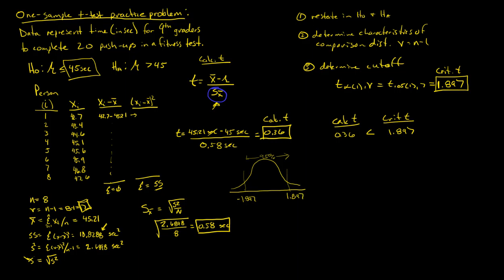If the middle here is 0, we're getting a value of 0.36. And we're saying that 0.36 is not on this side of the line, and we only challenge the null when values are on this side of the line. And since this 0.36 is not on that side of the line, we're not going to challenge the null, so we fail to reject as our decision.